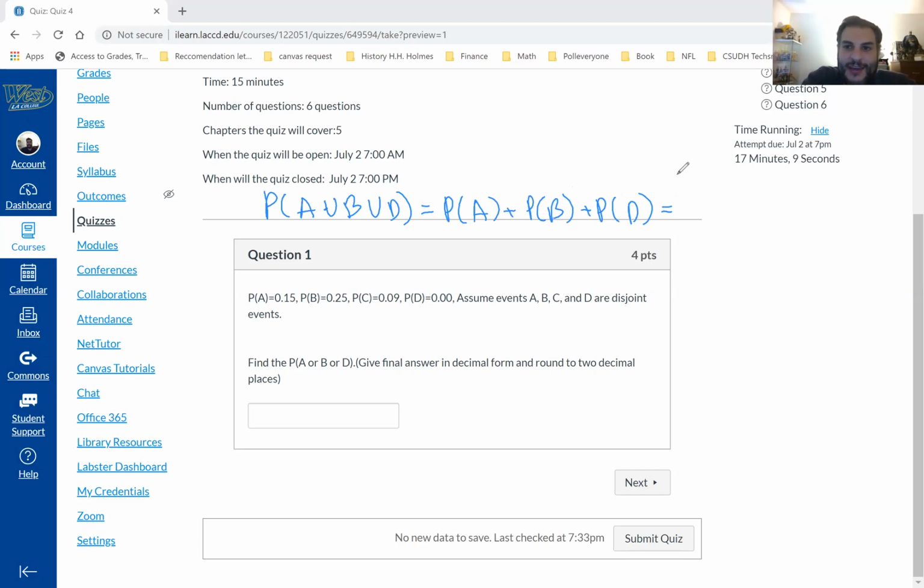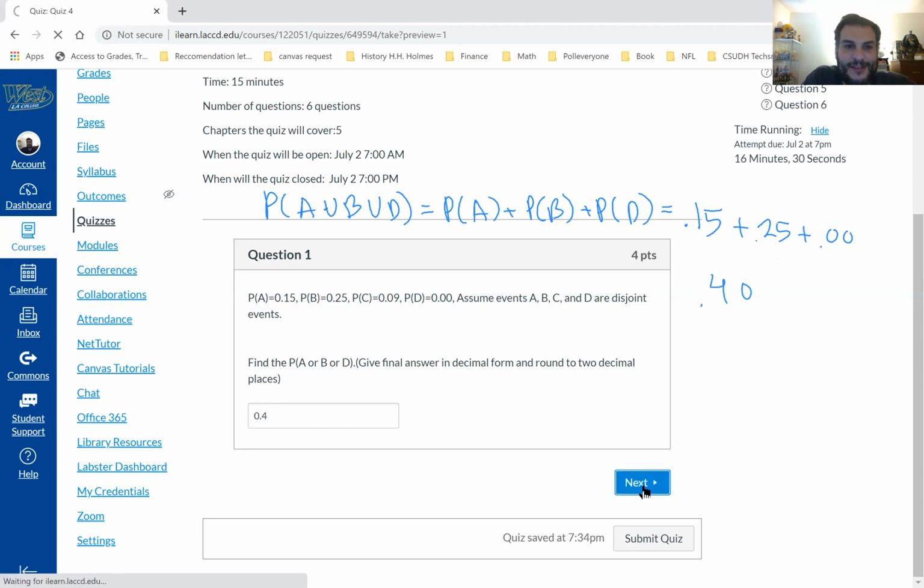The probability of A is 0.15, probability of B is 0.25, probability of D is 0.00, but I'm pretty sure some of you had a different value. If I do 0.15 plus 0.25, you're going to get 0.40. Any question how I got 0.40? So I get 0.40, and that's it.